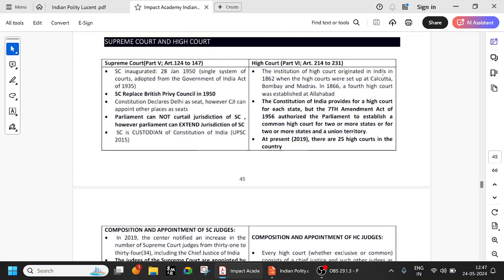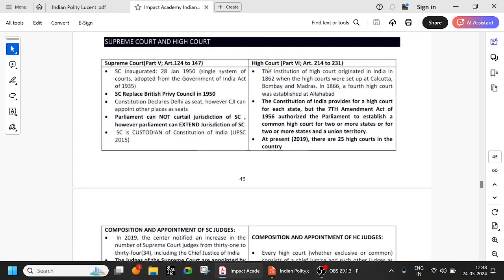So the institution of High Court originated in India in 1862. And the High Courts were set up at Calcutta, Bombay, and Madras. In 1866, the fourth High Court was established at Allahabad. So currently you can say the High Court at Allahabad is the oldest one, because Calcutta, Bombay, and Madras were 1862.